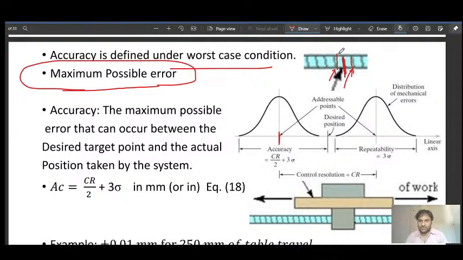So these two are addressable points. In the same way, this one was our desired position, in the middle, and here the machine can stop either here or here. So the maximum possible error would be this much or this much.